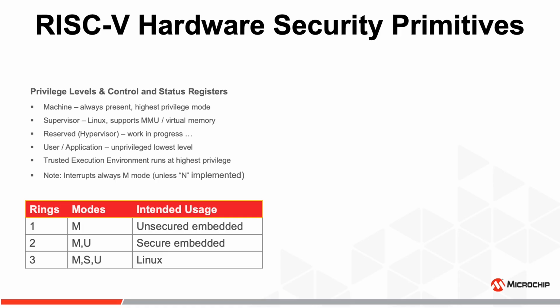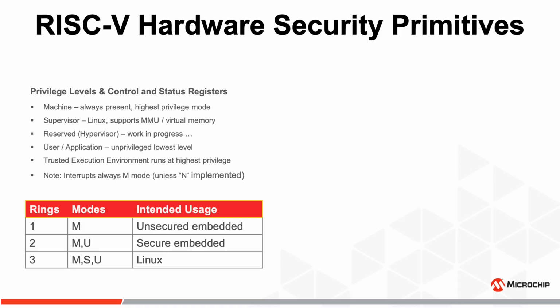If you have M, only M, well, there's no way you can secure that system at a hardware level. Separation is not possible. But if you have M and U, which I see more and more, that's ideal for secure embedded systems that have an MCU, or to secure the MCU that is included in a bigger system that eventually has additional Linux-capable cores. And that would eventually be number 3, where machine, supervisor, and user mode are all 3 present.